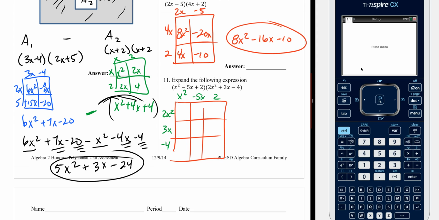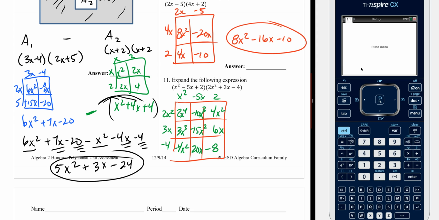So to multiply, I get 2x to the 4th, minus 10x cubed, 4x squared, 3x cubed, negative 15x squared, 6x, negative 4x squared, 20x, negative 8.